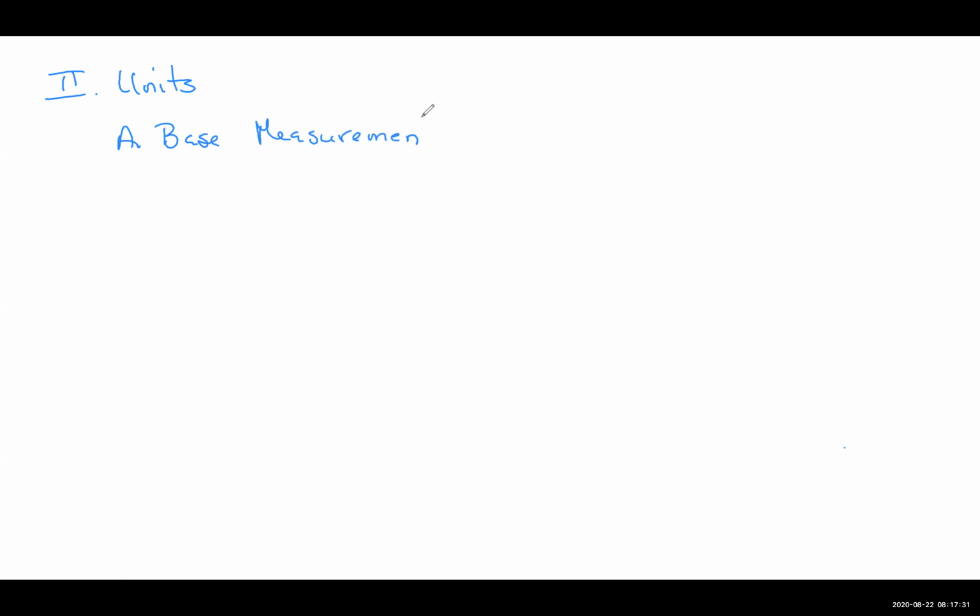Out of all the things in the world or in science that you can measure, there are 7 base measurements that can be made. They include mass, which we're going to define as a measure of inertia in a future chapter. We're going to have length. Some people call that one distance. Time is a base measurement.